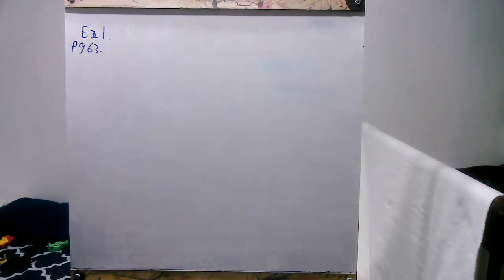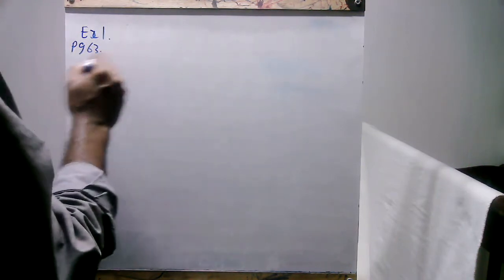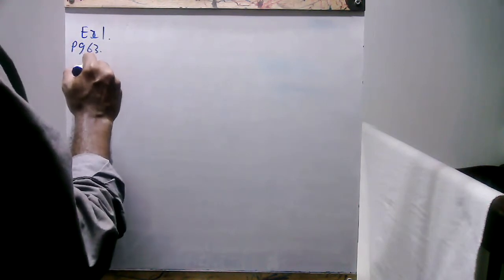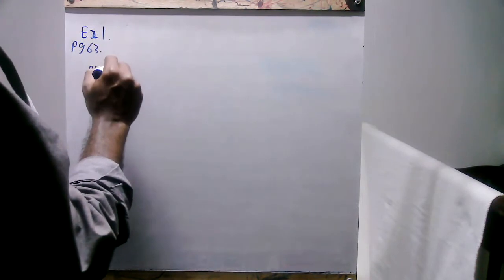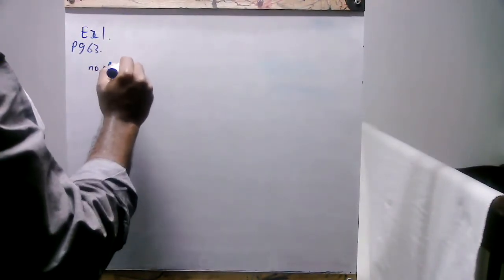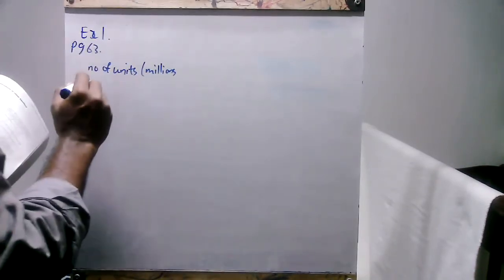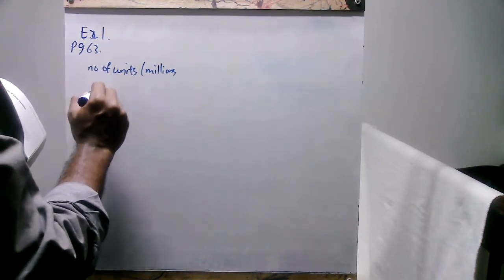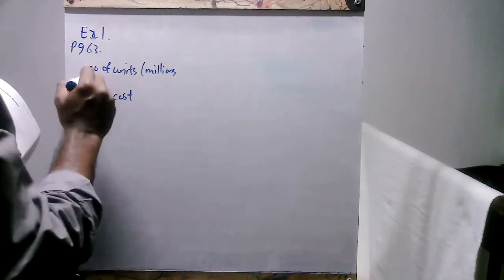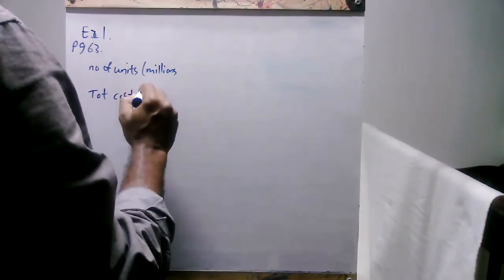It then spends $2 million on raw materials for each million units of the new drug produced. Okay. This is also in millions.